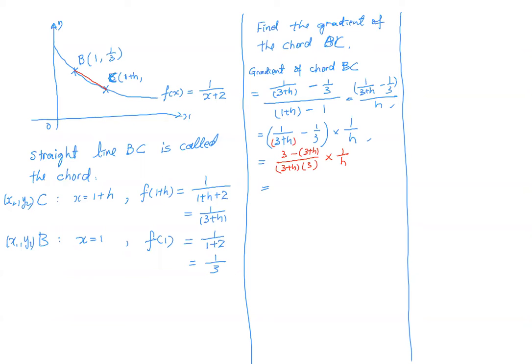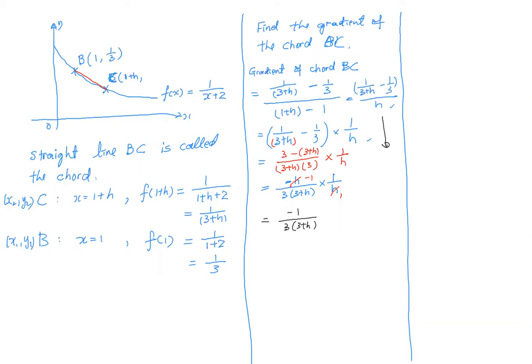Okay, so when I expand, I have negative h here divided by 3 plus h times 1 over h. Now you can simplify your h. Can I cancel off? Okay, so I am left with negative 1 over 3 plus h. Same with here, you also can do it. I leave it to you, whichever method you want to use.